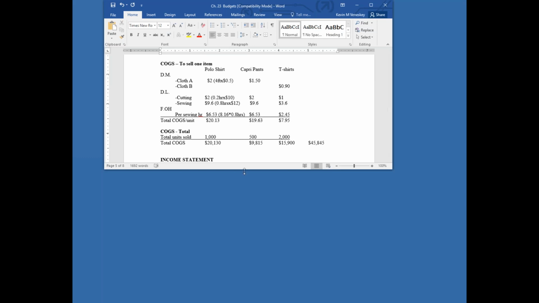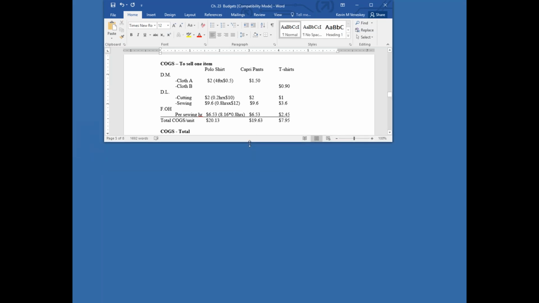Now all I need to do is figure out what my cost of goods in total are. If this is what it costs to make one unit or to sell one unit, how much does it cost to sell? And then I need to go back up to my sales, not the production anymore, not the 1,150, but the actual sales of 1,000.